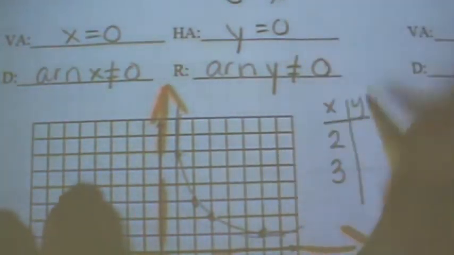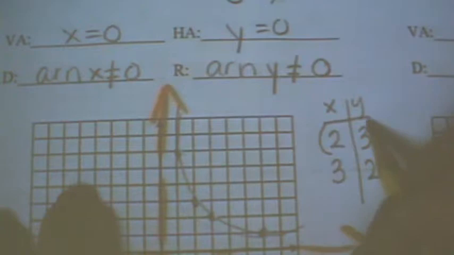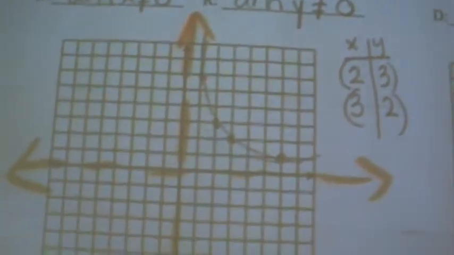Look at a T-chart: if I plug in a 2 or a 3, you should be able to do 6 divided by 2 and 6 divided by 3. So these are 2 more good points. This should mirror, so we're going to have over 1, down 6, and then 3.